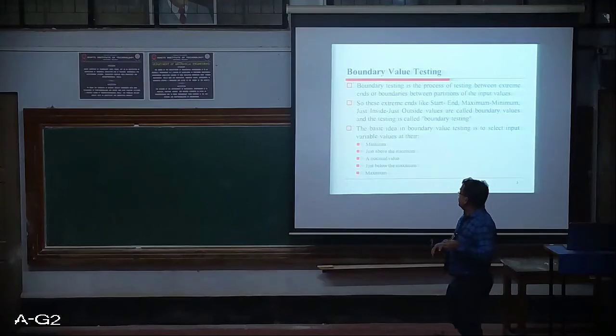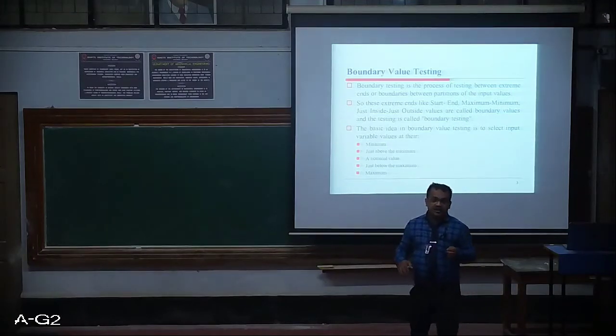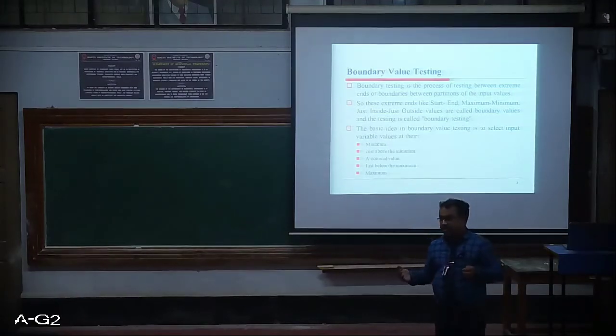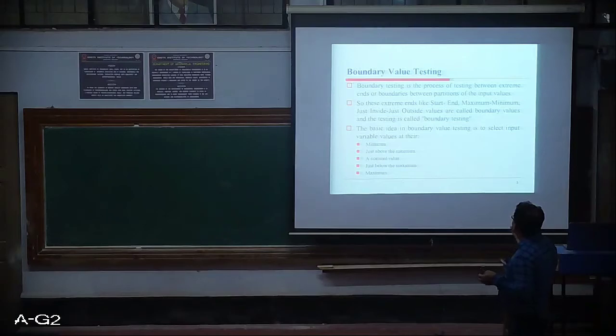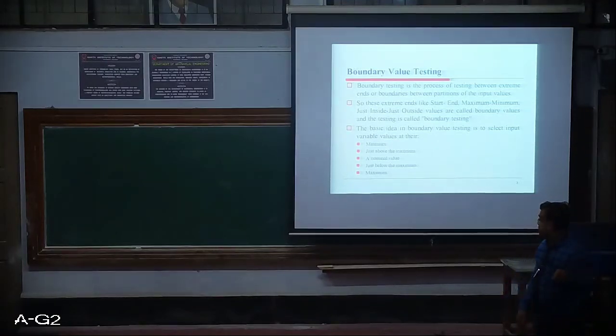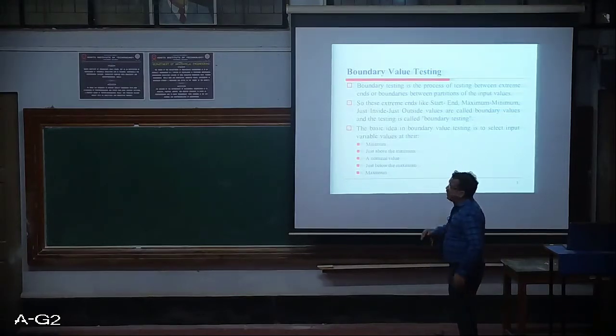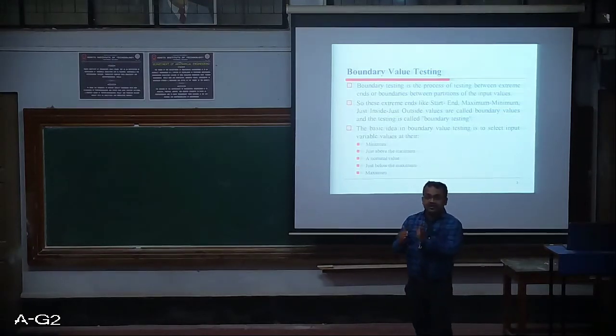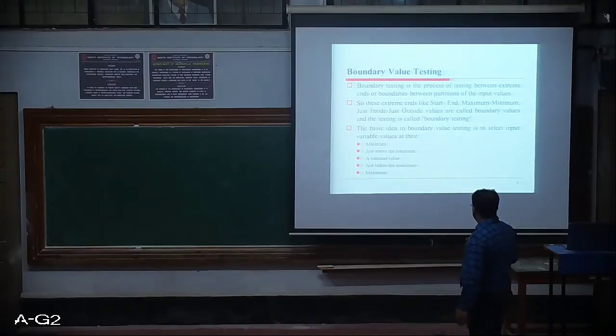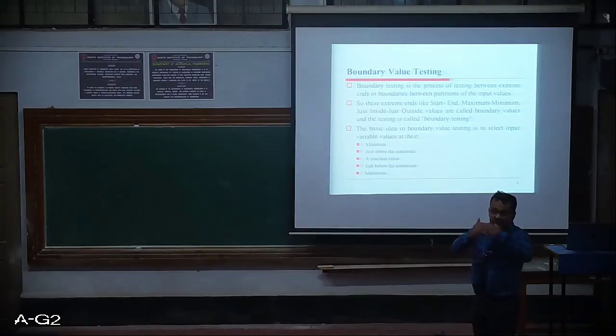As I have already told you, the elements which lie in the extremities or the boundaries of the partitions are considered. The input values which lie in the extremities are considered to generate the test cases. These extremes are the start, end, maximum, minimum, or just inside the maximum, one value less than the maximum, or just above the minimum.